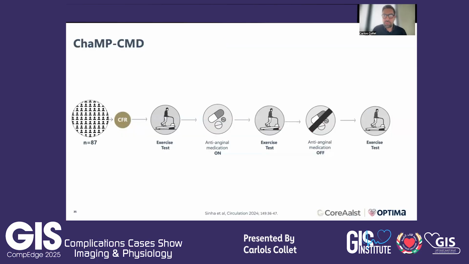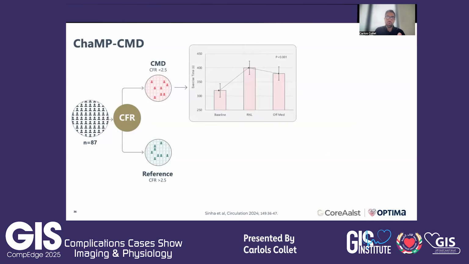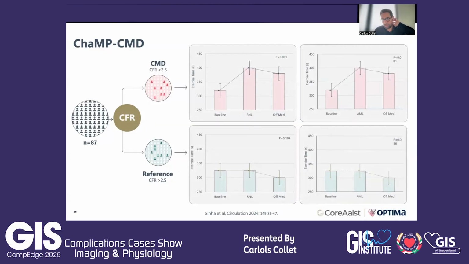Now, perhaps the most important study is the one that I'm going to show you now, which is the CHAMP-CMD study, which basically tested treatment strategies for patients with CMD. I will tell you what they did. They did CFR in all patients that had normal epicardial vessels with symptoms, but they did not show the results to anyone. And they gave medication, in this case, ranolazine and amlodipine, to all the patients.